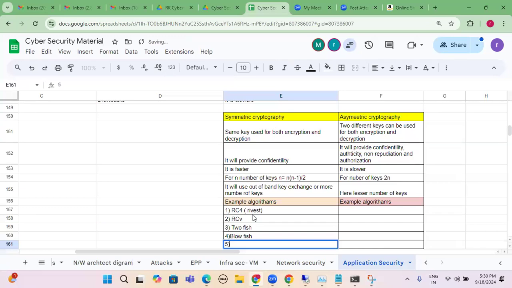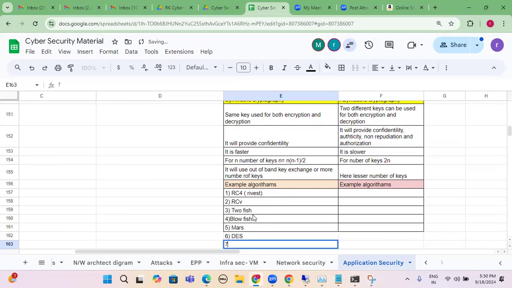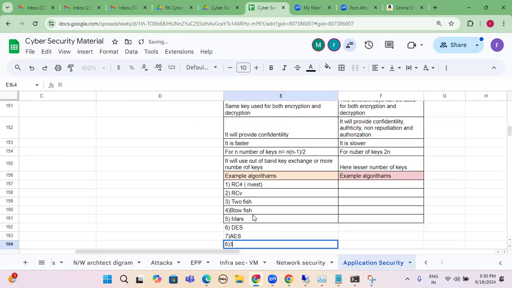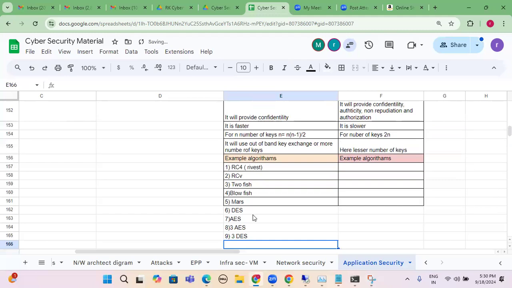Blowfish, Mars, and also we have DES, Data Encryption Standard, AES, Advanced Encryption Standard, and 3AES and 3DES. So 3 is more advanced than AES. All these are examples for the symmetric side.